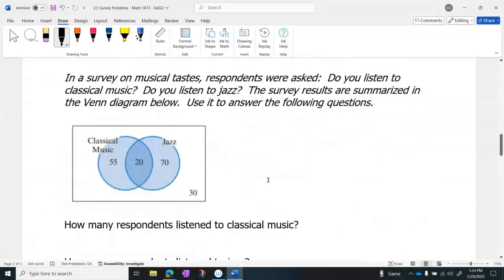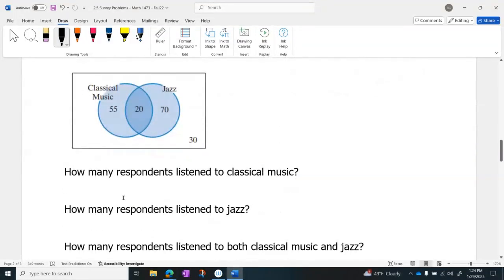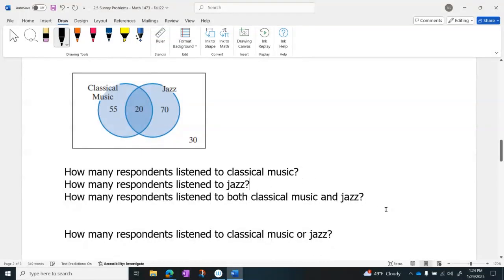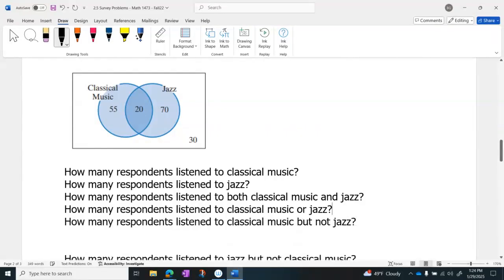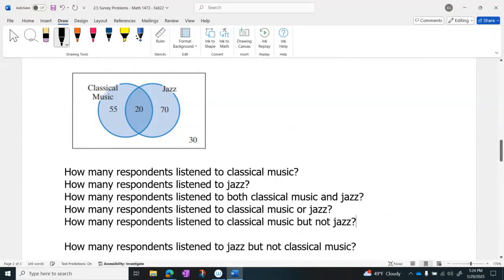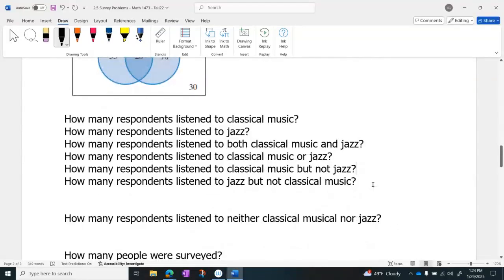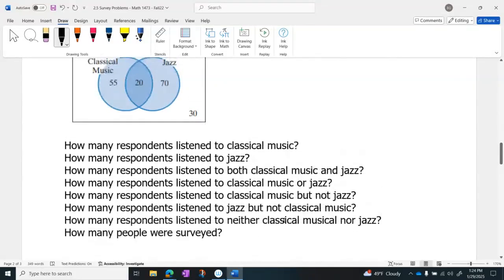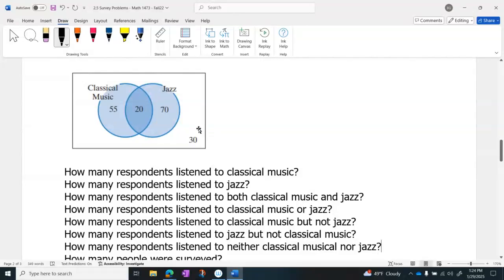In a survey on musical tastes, respondents were asked, do you listen to classical or do you listen to jazz? The survey results are summarized in the Venn diagram below. Use it to answer the following questions. Give me a second, let me fix the space between those questions so we can see everything in the window.